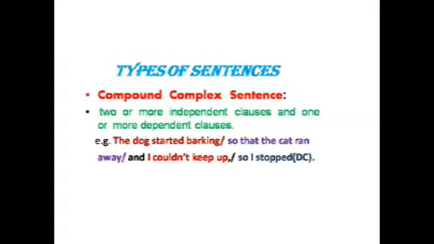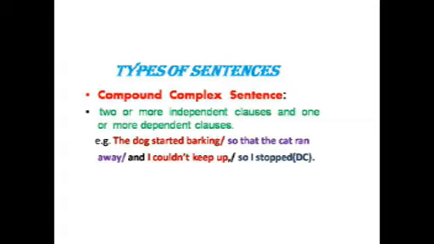Now we come to compound complex sentence. See the definition. Here we have two or more independent clauses and one or more dependent clauses. See the example: the dog started barking, the cat ran away and I couldn't keep up, so I stopped. Here we have four clauses.